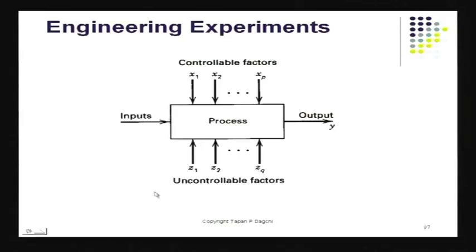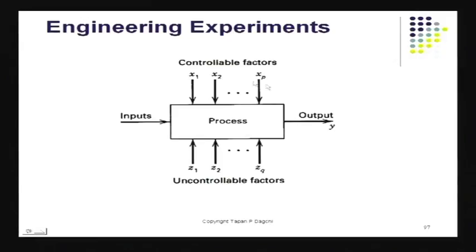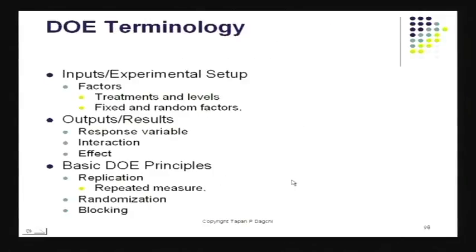That is really not known because these factors are uncontrollable and many are actually unknown. In a situation like this, the output is going to be noisy. What we'd like to do is fix the settings of the control factors at a certain design setting, and then repeat the same trial several times so that on average, the effect of the uncontrollable factors gets neutralized by the averaging effect. So that is why we use replication.